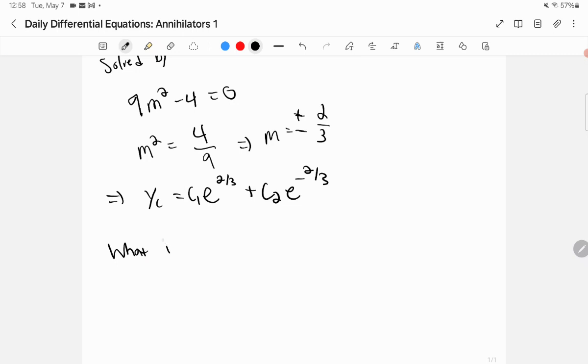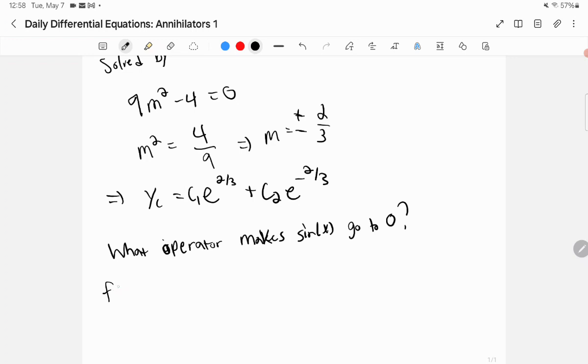So the question is, what operator makes sine of x go to 0? Well, what we can do is experiment around with differentiating this.